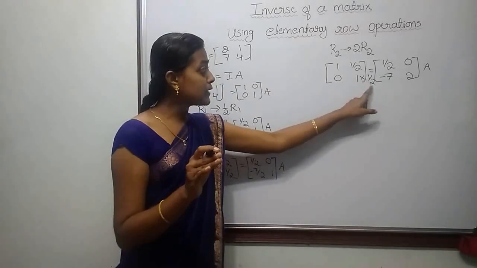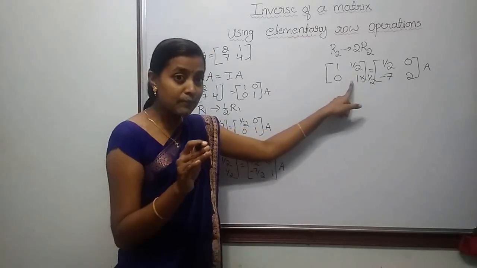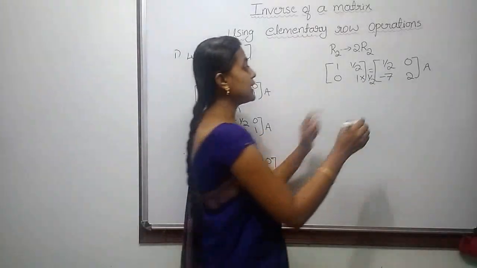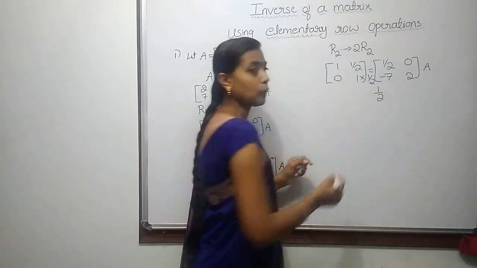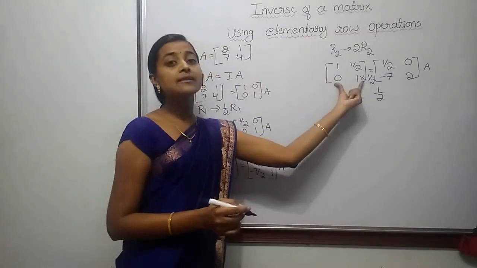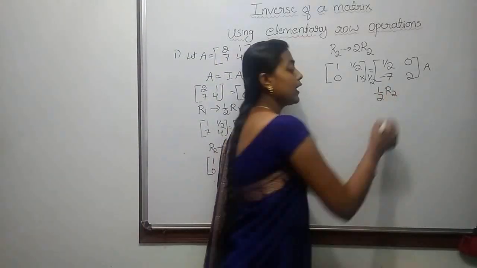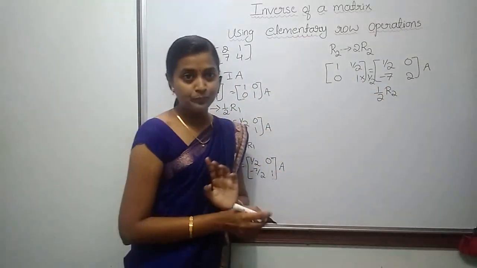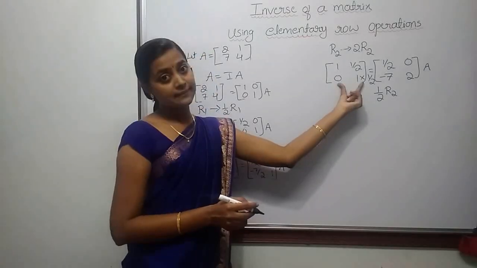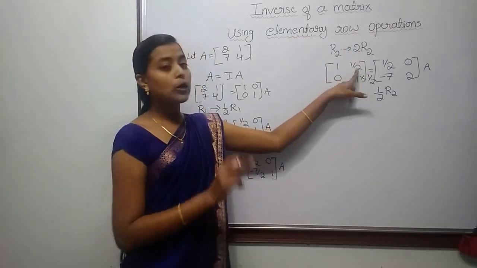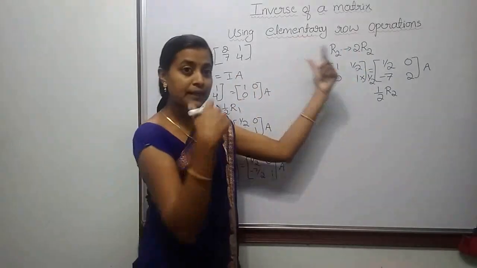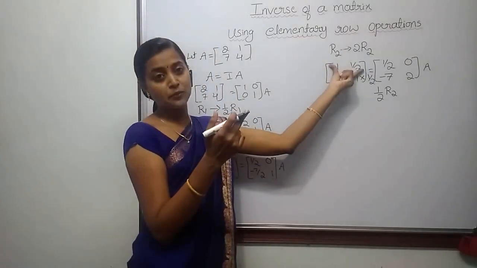So instead of multiplying 1 by 2 to this element, we say multiply 1 by 2 to the entire second row, 1 by 2 into R2. Subtract this result not from the one element, but from the entire first row.